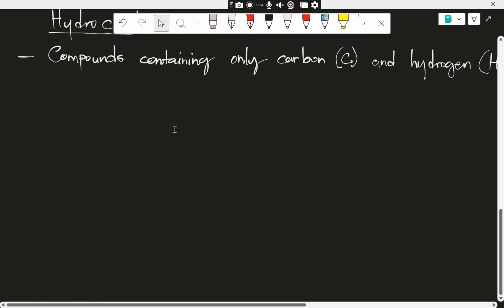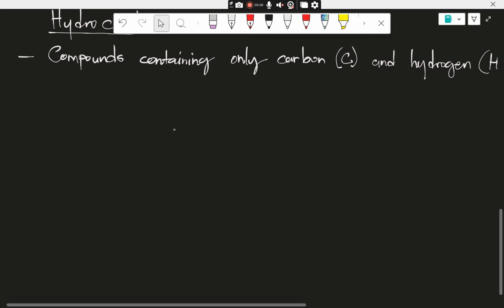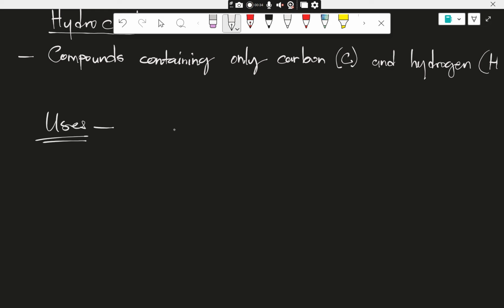So let's try to understand where in everyday life we can find hydrocarbons, to actually understand what we are studying. This is very important because it destroys the complexity of what we're learning and makes it something tangible, right? So in everyday uses, these are our natural gases. An example of this is methane.